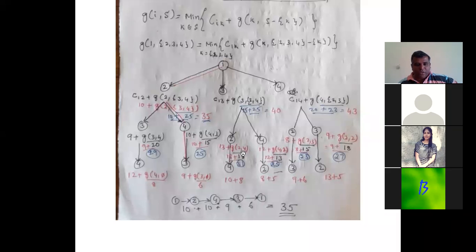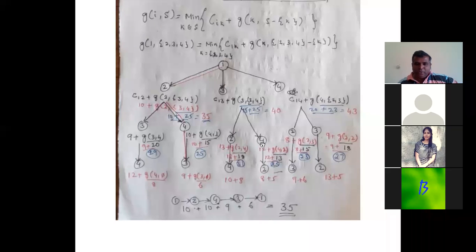So G of 2 comma 4 is what? C 2 4 plus G of 4 comma null. 4 comma null means empty set. What is that value? 8. So 18 you will get for G of 2 comma 4. So 13 plus 18, 31. Node 2 will get 31.